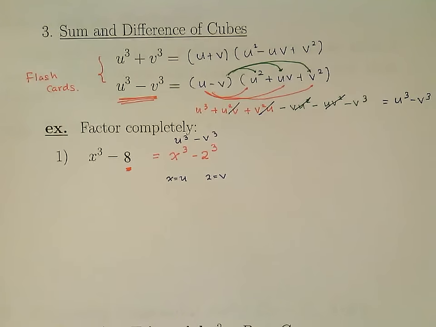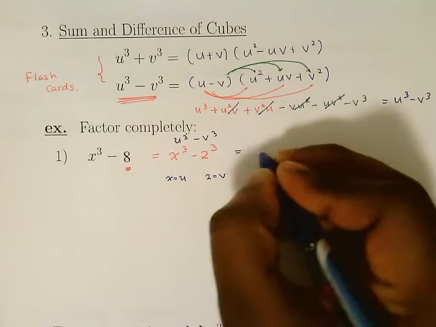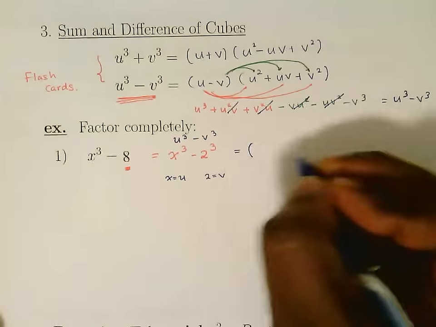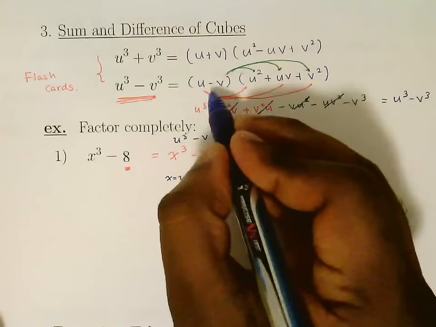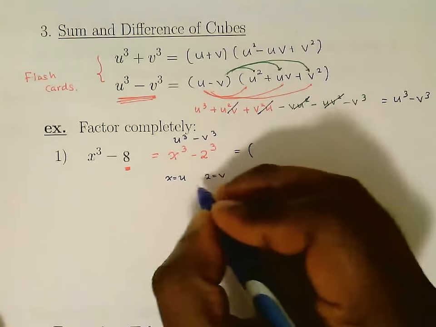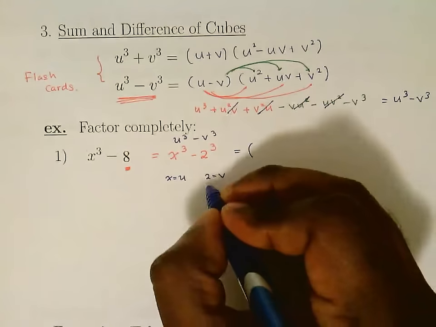Once you do that, you can use the formula. In the first bracket, you get u minus v, so u minus v is x minus 2.